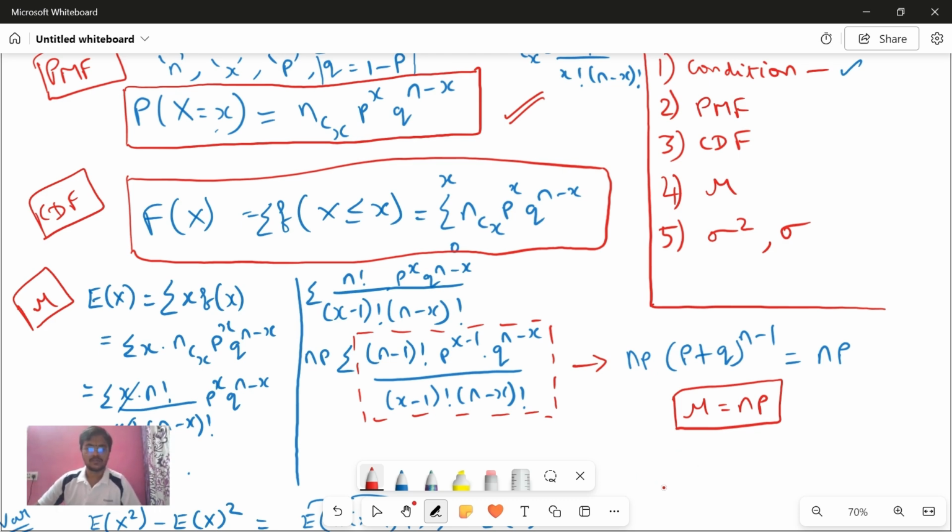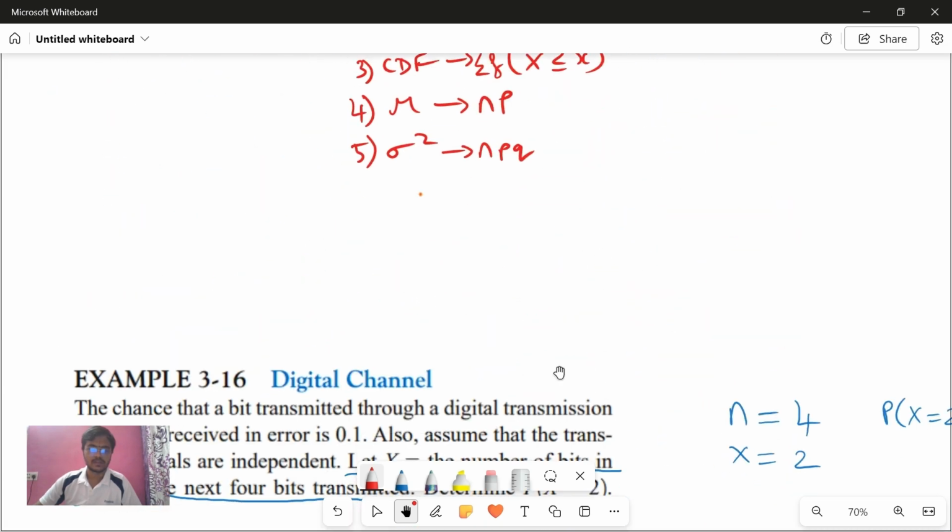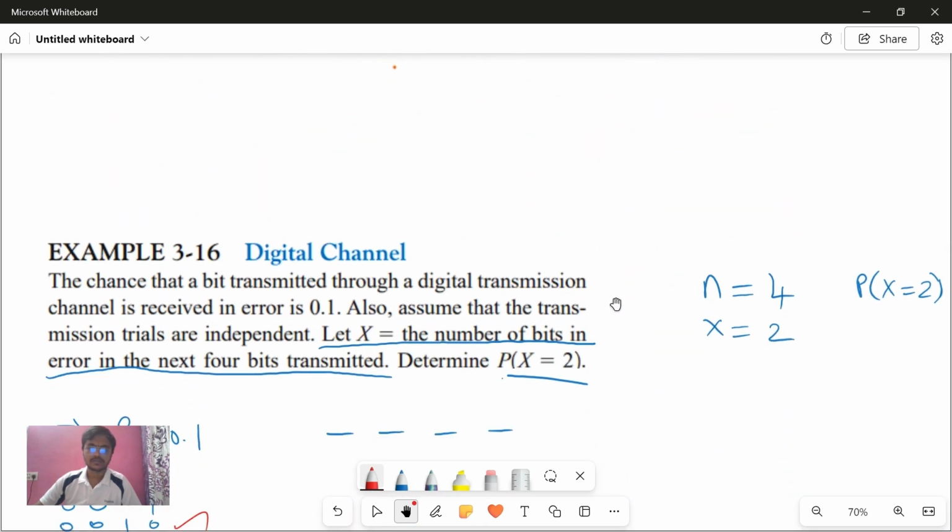Now before going to the variance part, I'll tell you one intuition. I had the question somewhere here. Okay, binomial distribution is fine, everything is cool. But when you directly apply the formula, you won't get the feel of how the formula came.